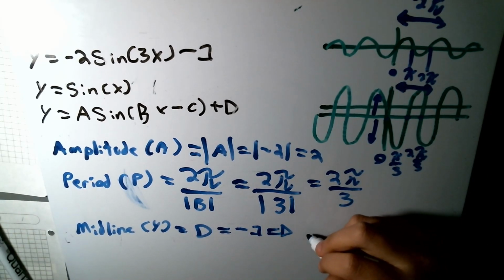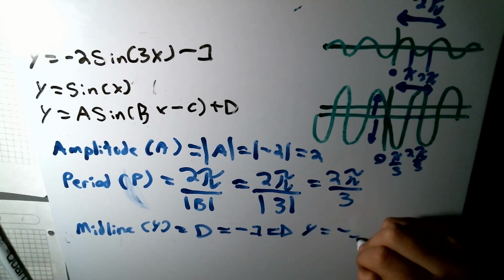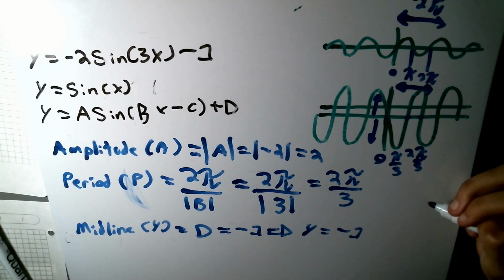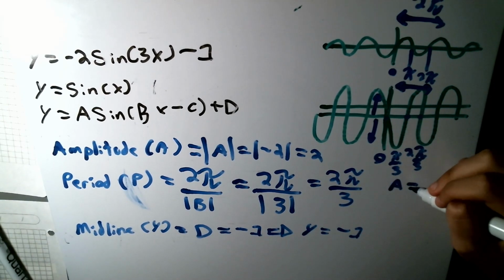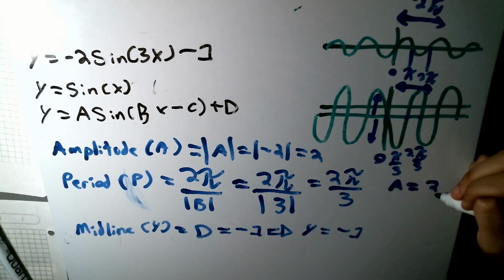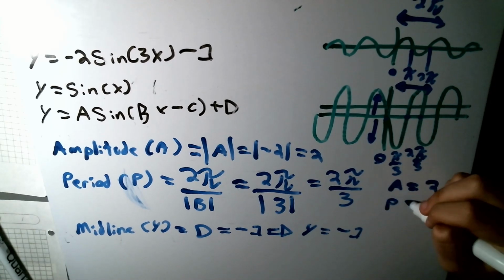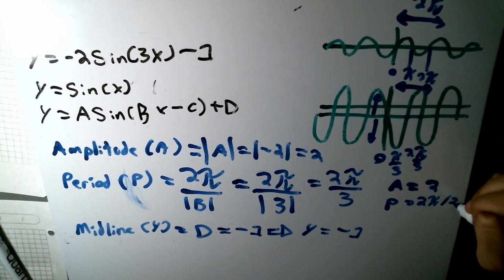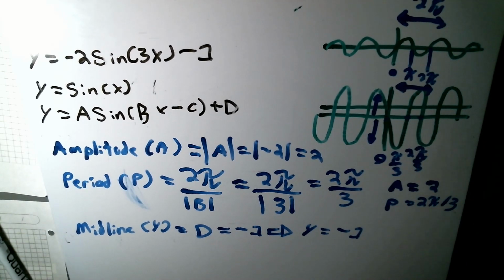Therefore the midline is y equals -1, because we have to write it this way, right? And also I have to write a equals 2 and p equals 2 pi over 3. Yeah, you can see everything. That's great.